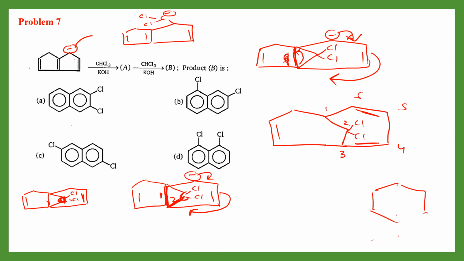Okay. And your second carbon is having Cl, and from the first and third carbon 1, 2, 3, 4, and this 5. Is this type of system stable, students?